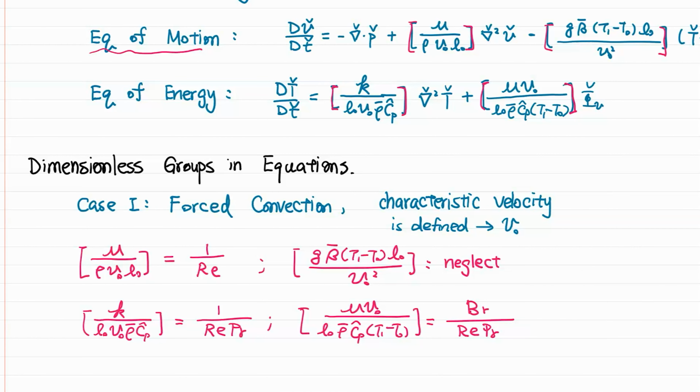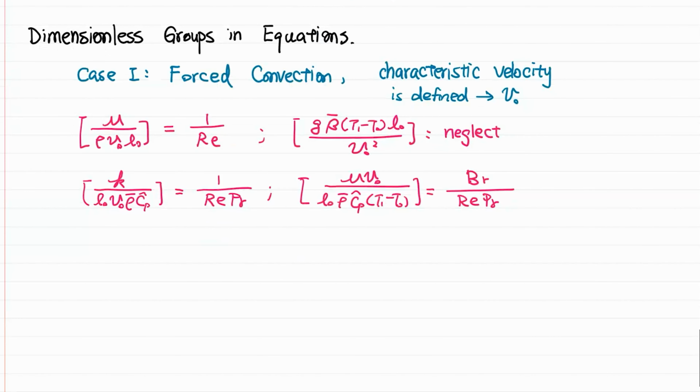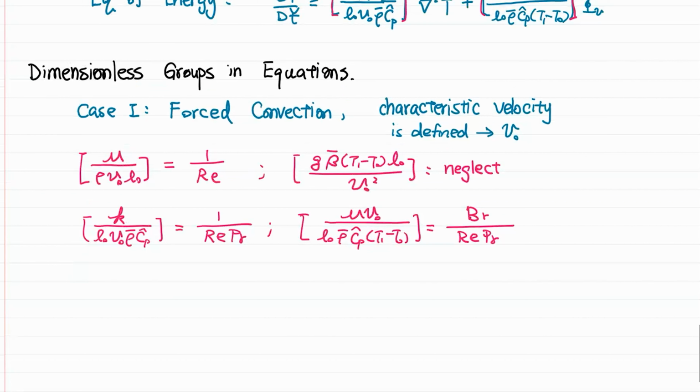Okay, so before we continue, let's take a look at the physical interpretation of the dimensionless groups that we're seeing here. We have the Reynolds number, the Prandtl number, and the Brinkman number.